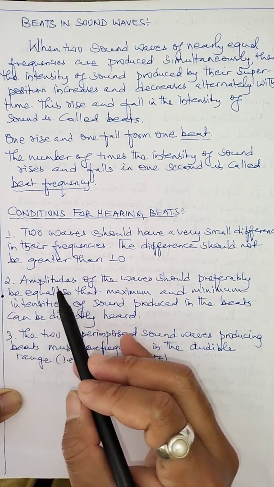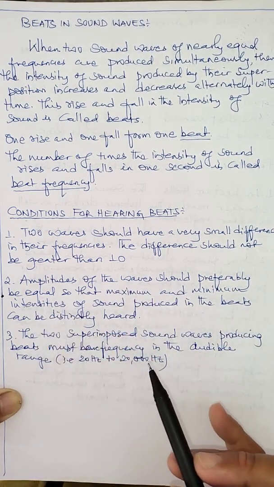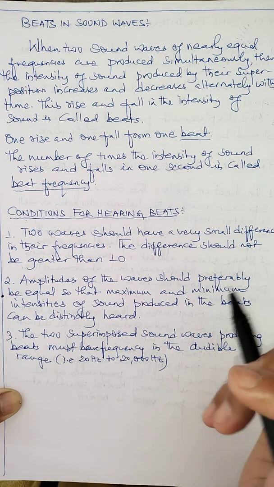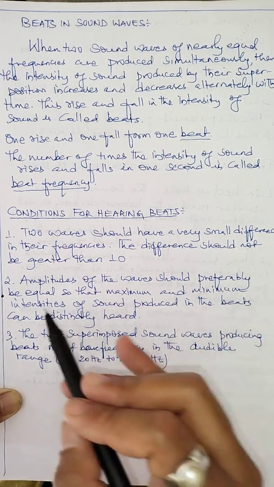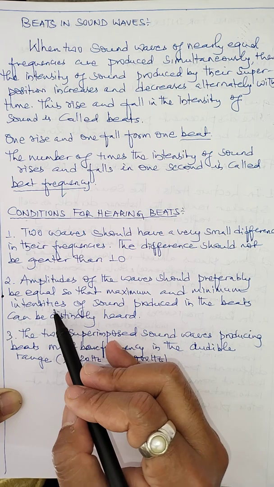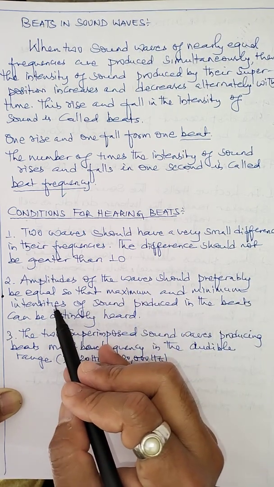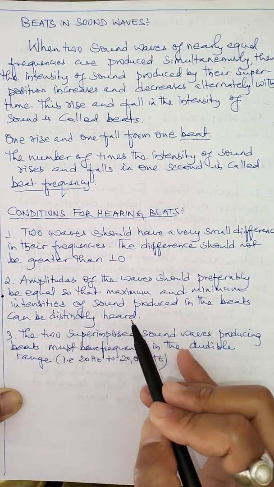Number two is the amplitude of the waves should preferably be equal. That means the sound waves which make the particles displace should have equal amplitude, so that maximum intensity, which means constructive interference, and minimum intensity, which means destructive interference, of sound produced in the beats can be distinctly heard.